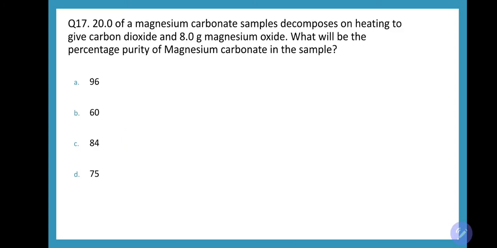The next question is, 20.0 g of magnesium carbonate decomposes on heating to give carbon dioxide and 8 gram of magnesium oxide. What will be the percentage purity of magnesium carbonate in the sample? Magnesium carbonate decomposes on heating to give magnesium oxide plus carbon dioxide.